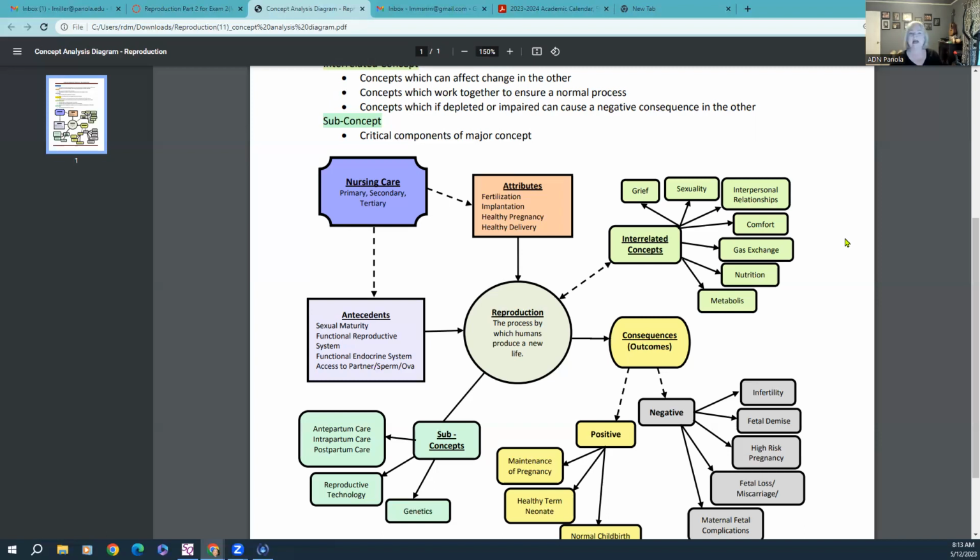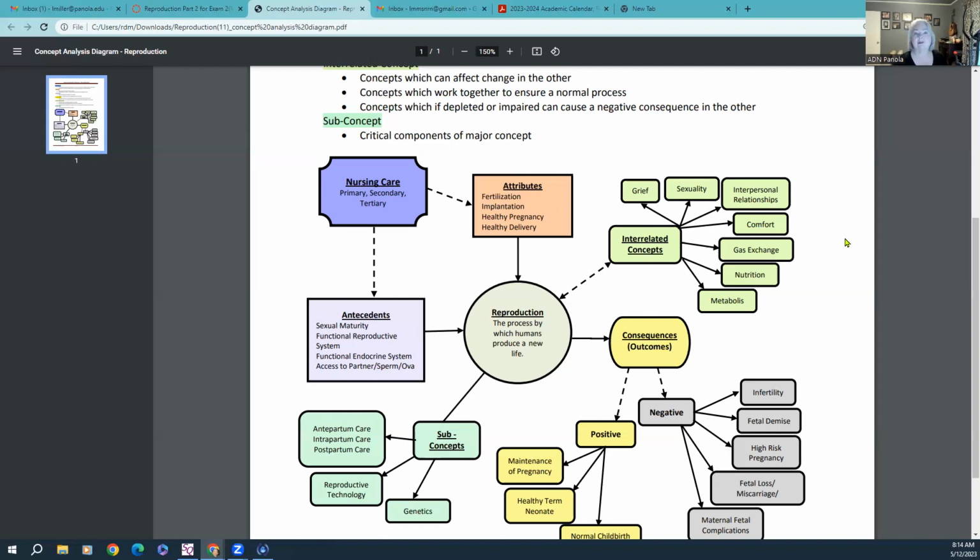I'm looking also at oxytocin. This is what stimulates contractions during birth and postpartum. And it also stimulates the letdown of the milk ejection reflex during breastfeeding.